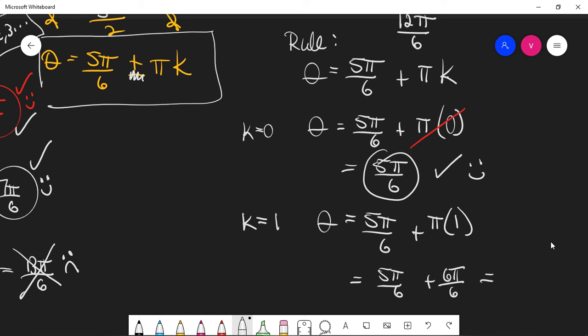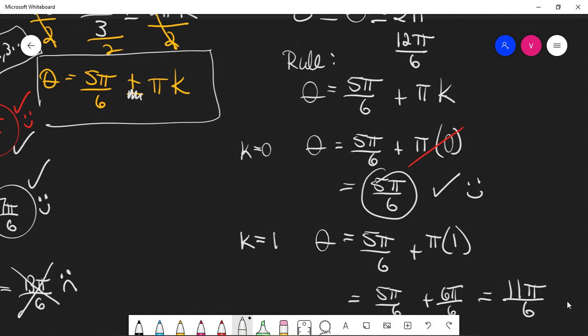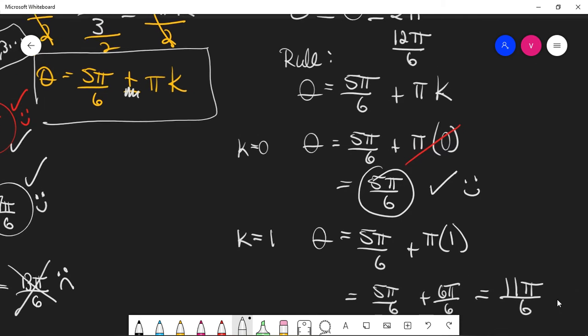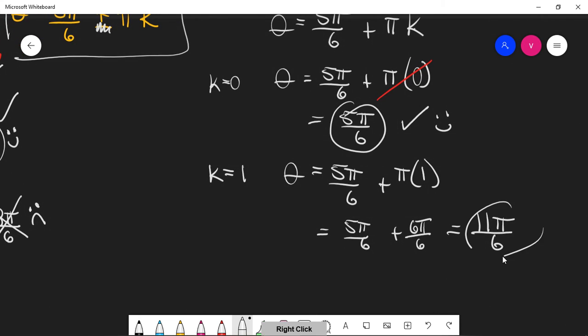So 5 pi over 6 plus 6 pi over 6 equals 11 pi over 6. Is that in between 0 and 12 pi over 6? Yes. Okay, so this one is also good.